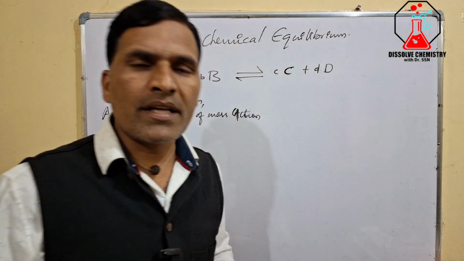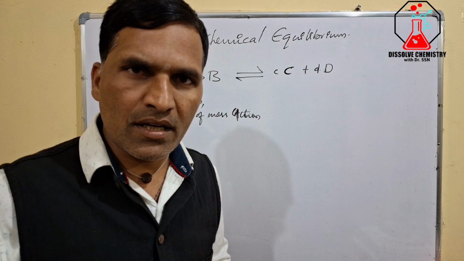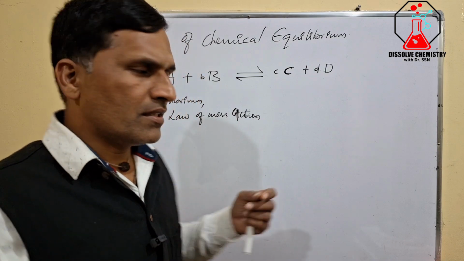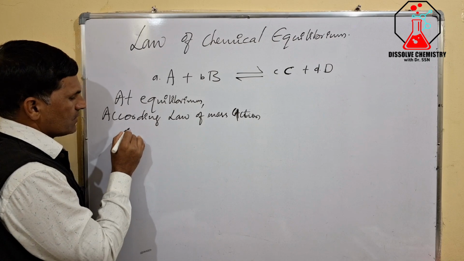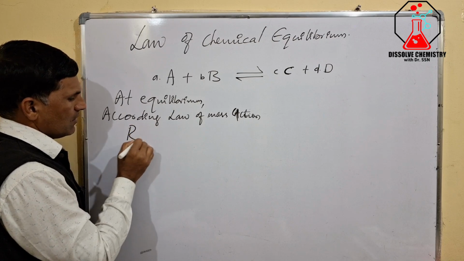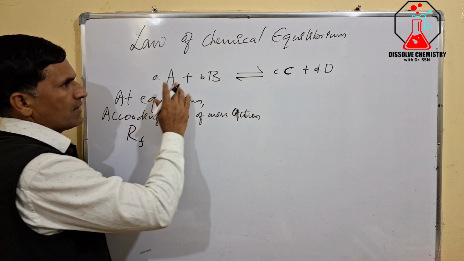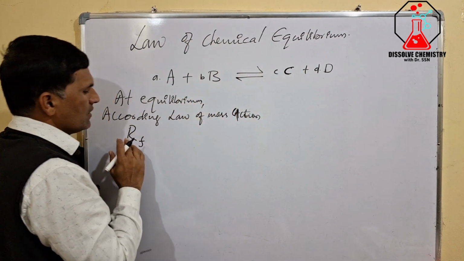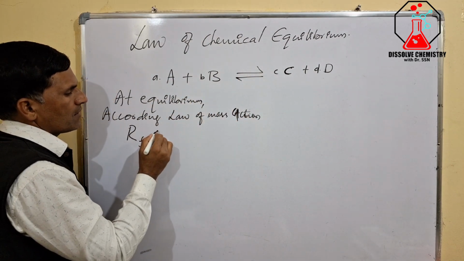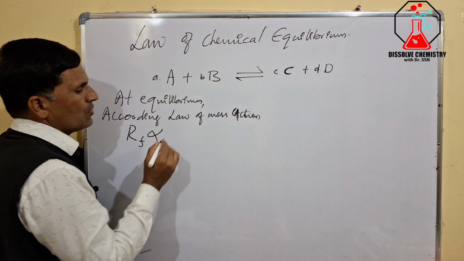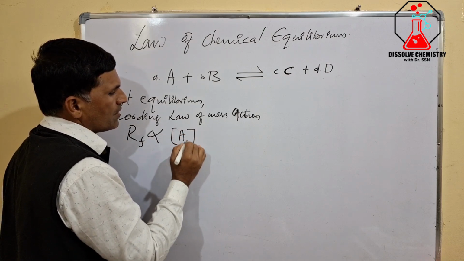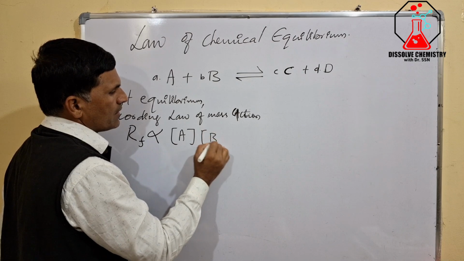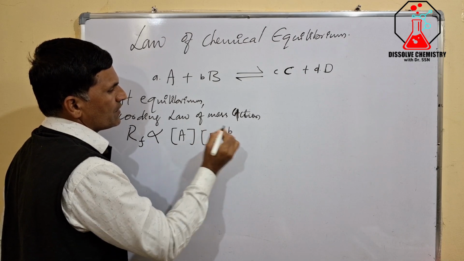Here we are assuming active masses as molar concentration. So the rate of forward reaction, RF, since it is a reversible reaction, is directly proportional to the product of the molar concentrations of the reactants, where the stoichiometric coefficients are raised as powers.